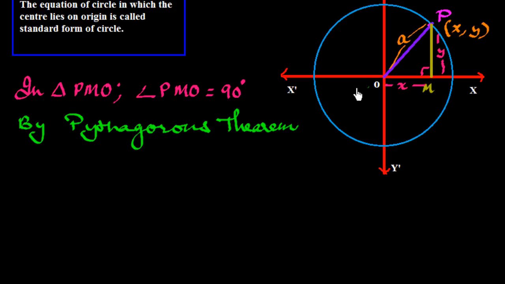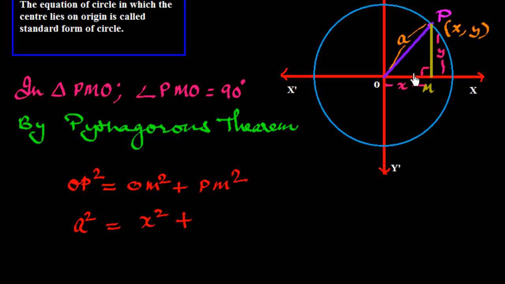So here OP square is equal to OM square plus PM square. OP is a, so a square, OM is x, so x square, PM is y, so PM square means y square.